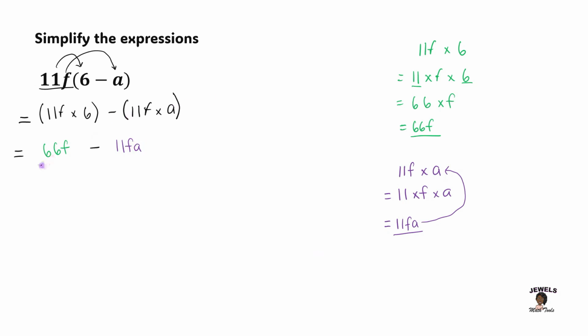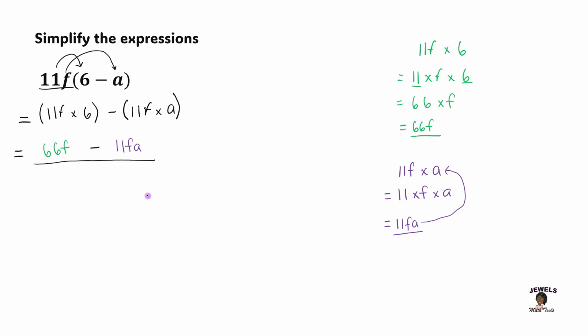And as I've always stated before, if you haven't done it as yet, make sure that operation sign is also written in between these two terms so that you can clearly state that these are being subtracted. Now, since these both are unlike terms, and now I know you're looking at them saying, hey, you have a 66f and there's also an 11f. But remember that for these terms to be considered like terms, they must have all of the same letters or variables within each of the terms.